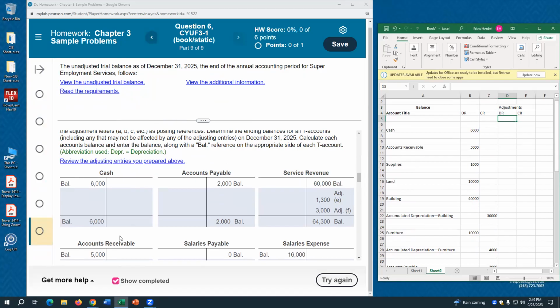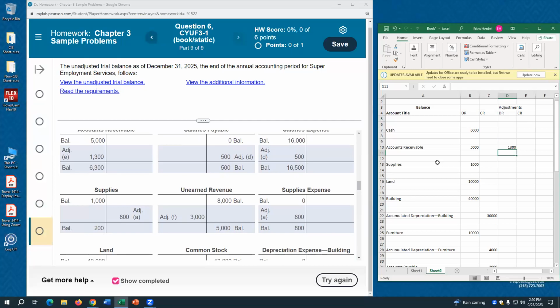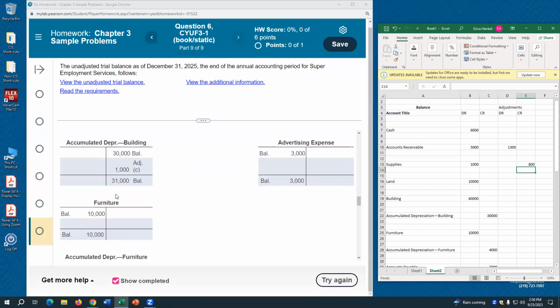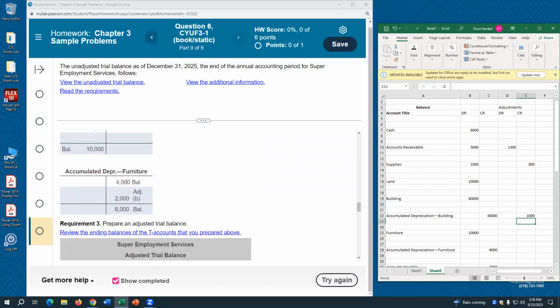Accounts receivable, we had a debit of 1,300. And then supplies, we had a credit of 800. For land, we didn't have anything, or building. Accumulated depreciation building, we had 1,000. Furniture, we didn't have anything. Accumulated depreciation furniture was 2,000.